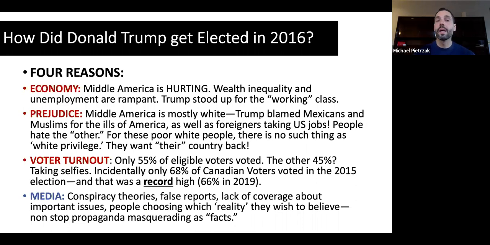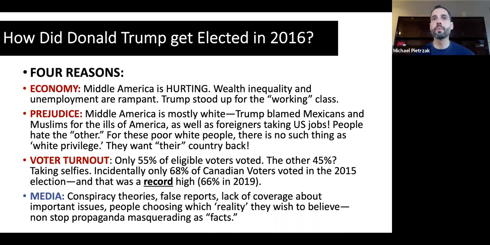Some of these things, and Trump seemed to be the guy that was telling it like it is, right? Say what you will about Trump, I don't even know if you can say a straight talker, but he appealed to the masses. He appealed to people with generally low education and the working class and a good portion of the population. Not the majority of Americans, but a good portion, enough to get elected.